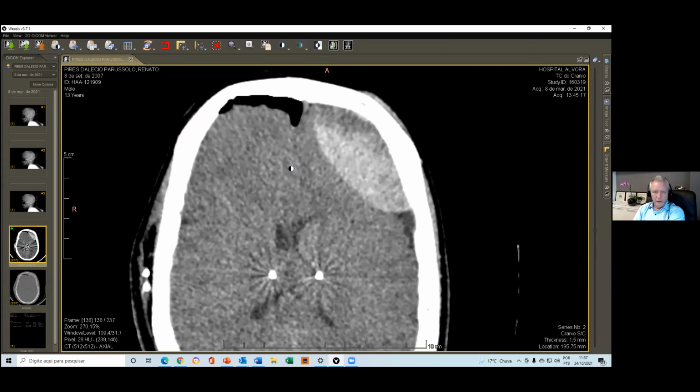So at this point, the kid was doing fine, no problems, immediate post-op. And then can we get the second question, Guy? So with this imaging, immediate post-op, what would you do?